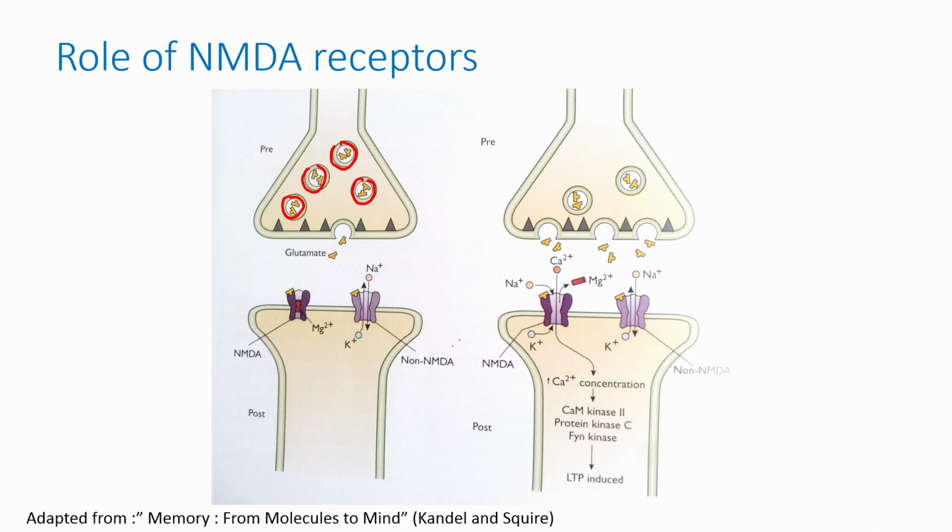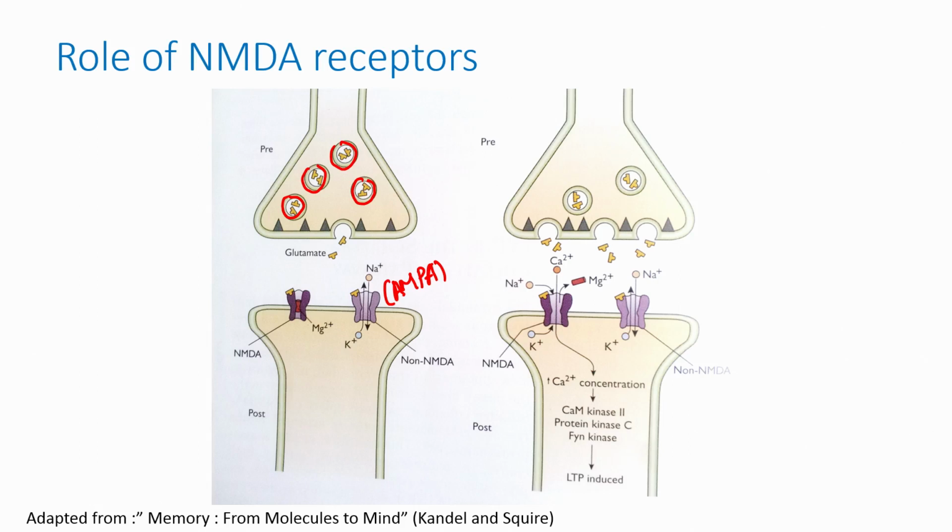Here it is called non-NMDA receptors, but we know that the basic or default neuronal conduction is taken care of by a set of receptors. What we call non-NMDA here in this figure is actually AMPA receptors. They are receptors for the neurotransmitter glutamate, but you can differentiate them using the drugs AMPA and NMDA, which selectively bind to one fraction of the glutamatergic receptors, and the other binds to the other. Thereby you classify them into AMPA and NMDA receptors.